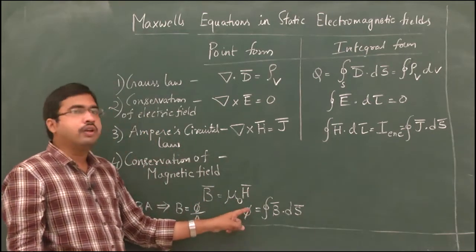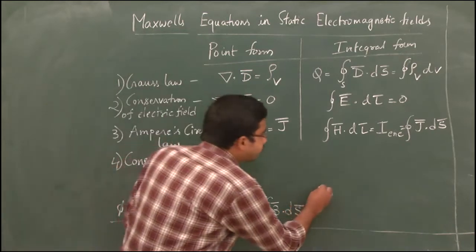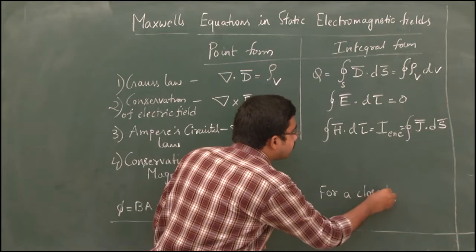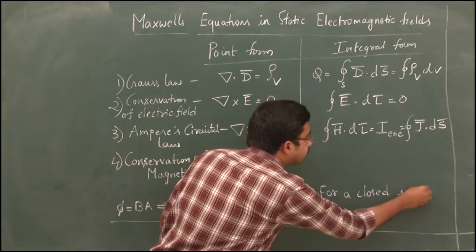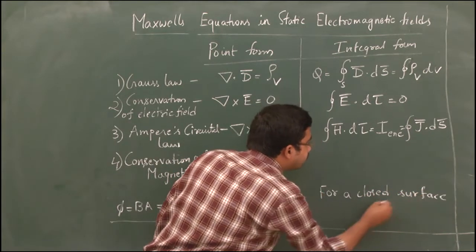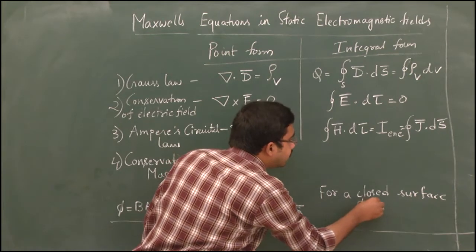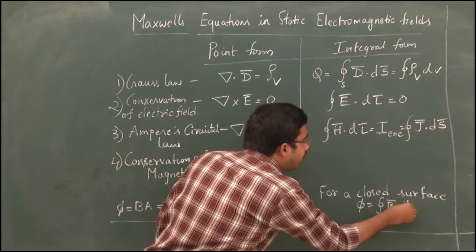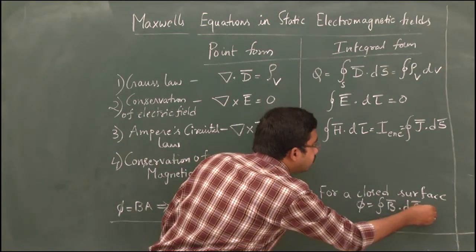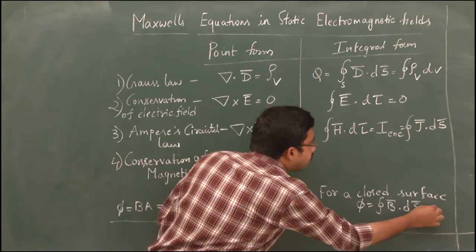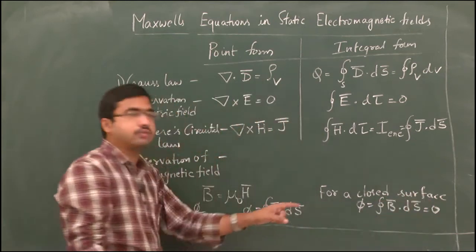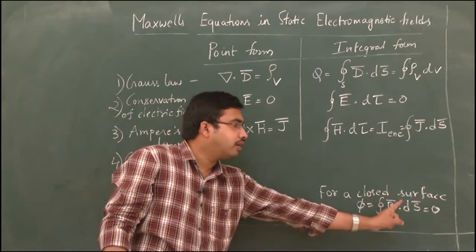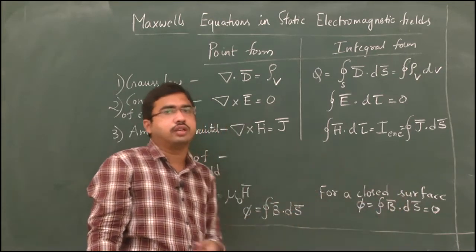Similarly here also, for a closed surface, we can say that this flux phi is equal to integral B bar dot ds bar is equal to 0.